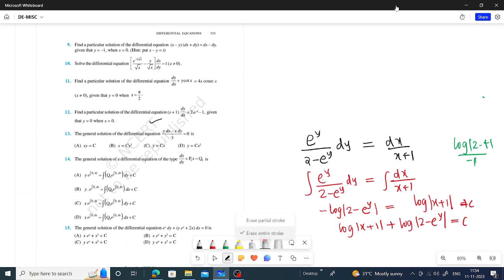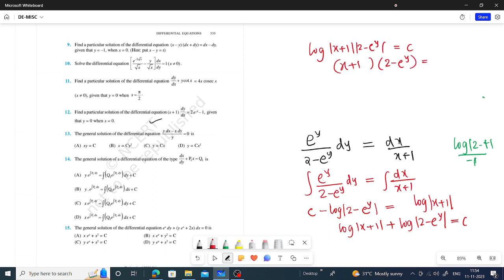So here no need to confuse, anywhere you can write c. So logarithm of x plus 1 into 2 minus e raised to y equal to c, or else x plus 1 into 2 minus e raised to y equal to exponential of c.